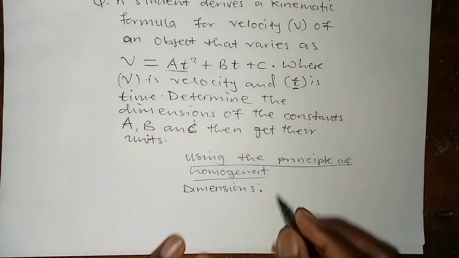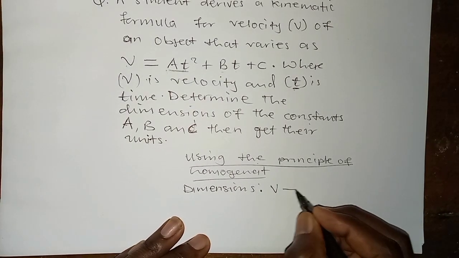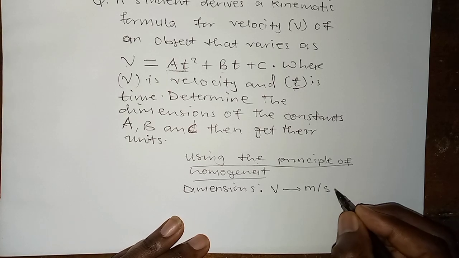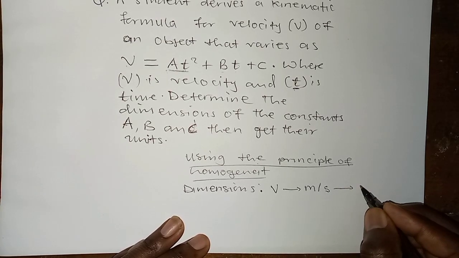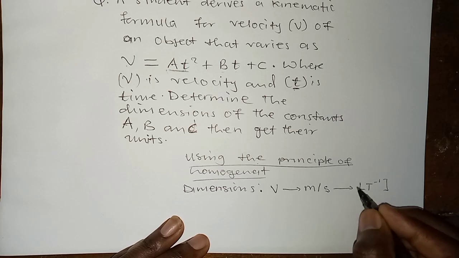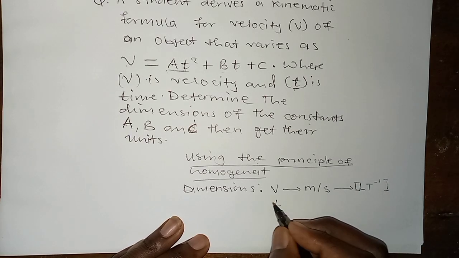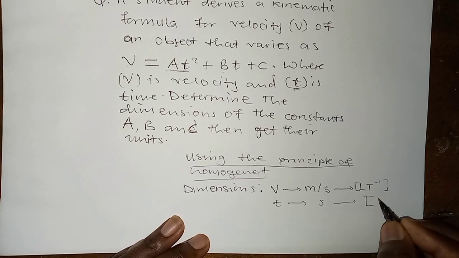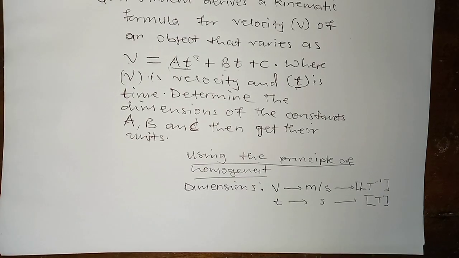So v, which is velocity, is measured in meters per second, meaning that its dimensions will be L T to the power negative 1. Take them like that. Then time is measured in seconds, so the dimension has to be capital letter T.